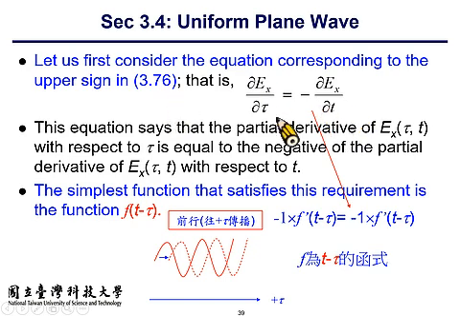That is, the spatial derivative of Ex equals the minus of the time derivative of Ex. So what is a likely solution for this equation?